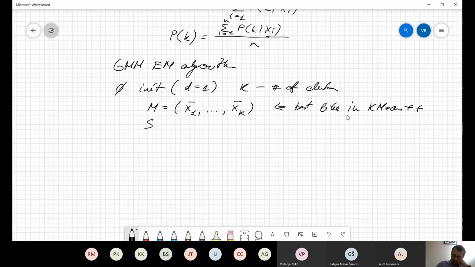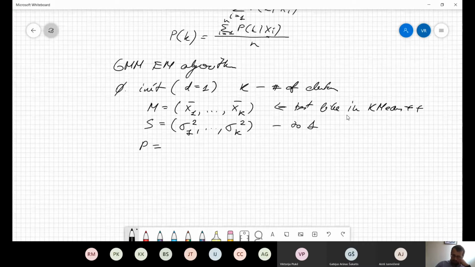Then the variances. We initialize the variances, from variance 1 until variance k, all to 1, so they are evenly distributed. They are all just unit distributions.